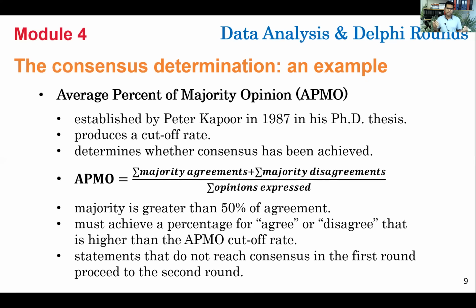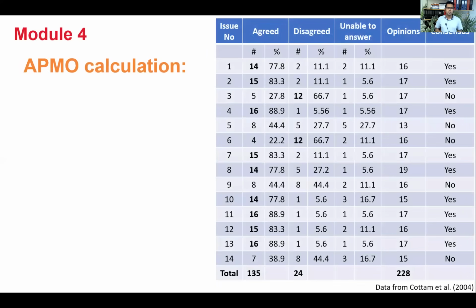Let's take a case from the literature as an example to learn calculating APMO and deciding consensus. Whether a statement has reached consensus or not depends on the APMO cutoff point. In order to calculate this rate, the numbers of majority agreements and disagreements have to be calculated first.